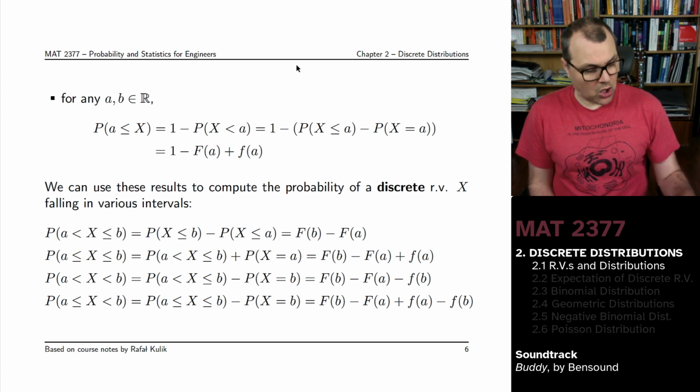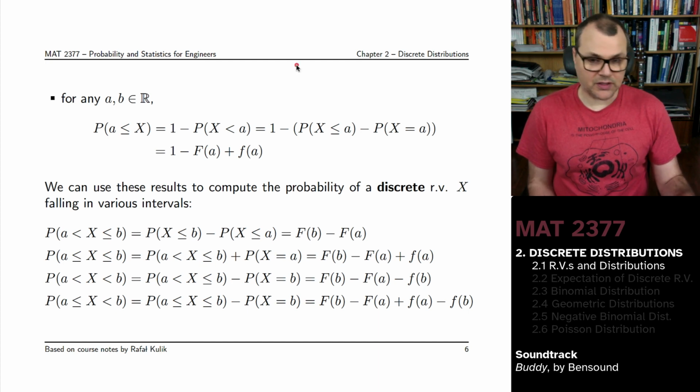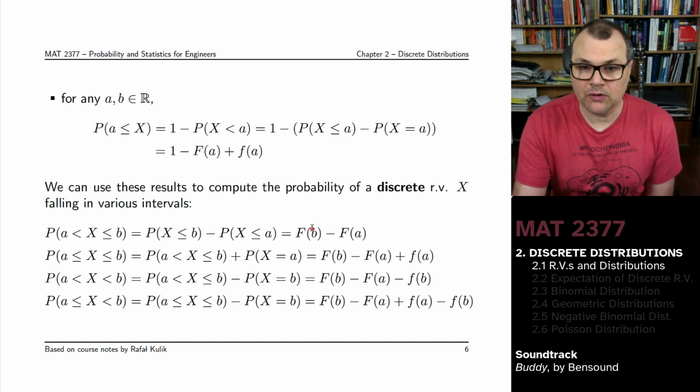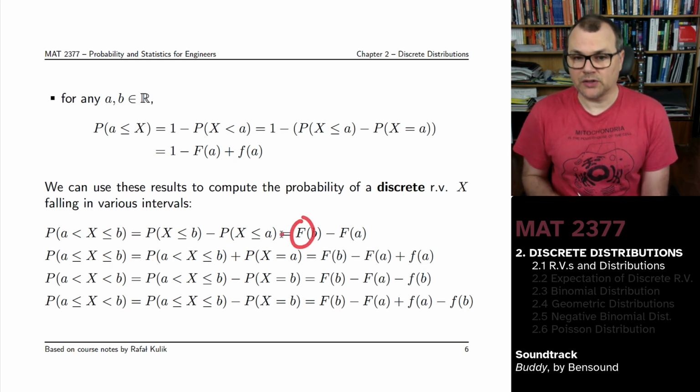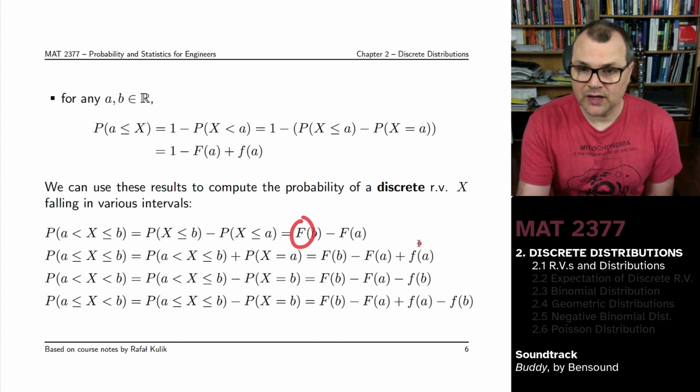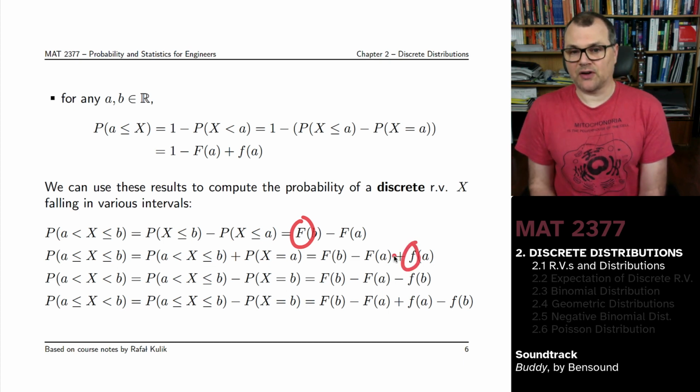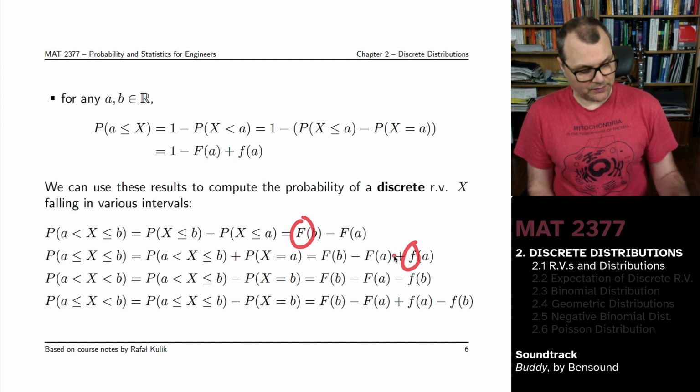And you compute all of the probabilities here using either the values of the cumulative distribution function at various points, or the values of the probability mass function at various points.